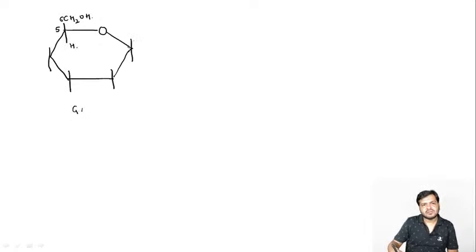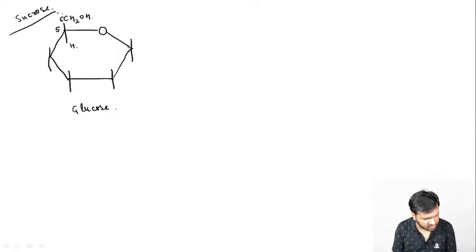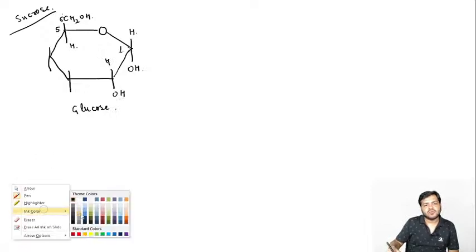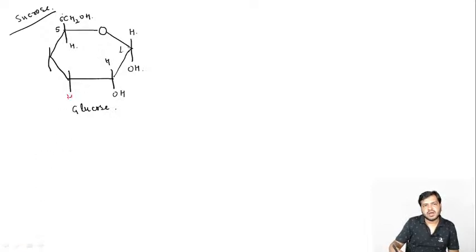So this is the structure of glucose. Now I'm just trying to focus on the structure of glucose, and you are very well aware कि glucose में जो first carbon है उसमें H ऊपर होगा, OH is on the right hand side, तो नीचे H ऊपर. थर्ड कार्बन में आप लोगों को पता ही है, no need to tell you that third carbon में basically H is down, OH is on the top, and on the fourth carbon OH is down.